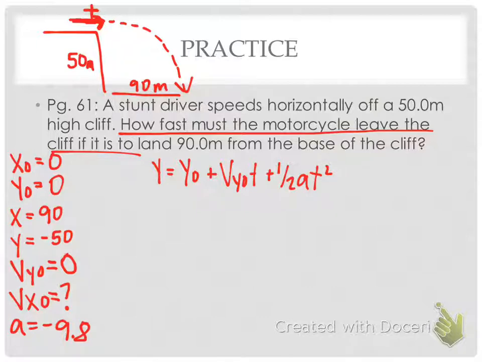Okay? The good news about rolling projectiles is 2 of these terms get dropped because they're 0. Y initial is 0, and our velocity initial in the vertical direction is 0. So for rolling projectiles, this becomes a really easy equation.